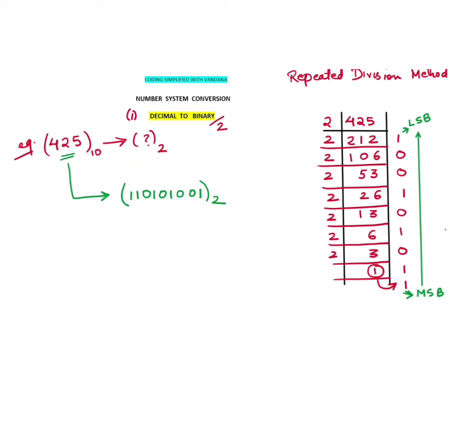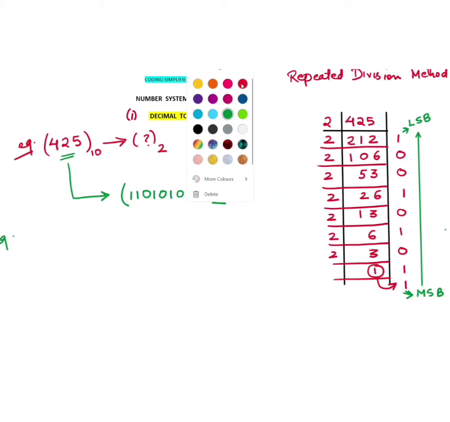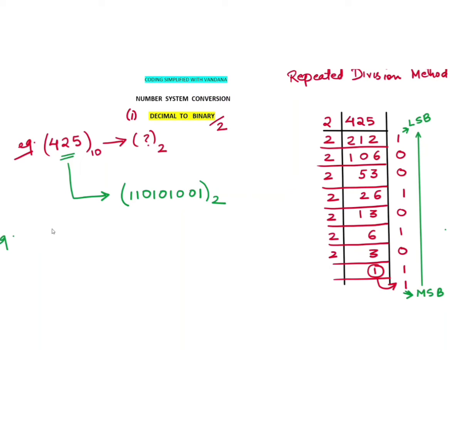Say for example, you have another question wherein now the number is 425.75.